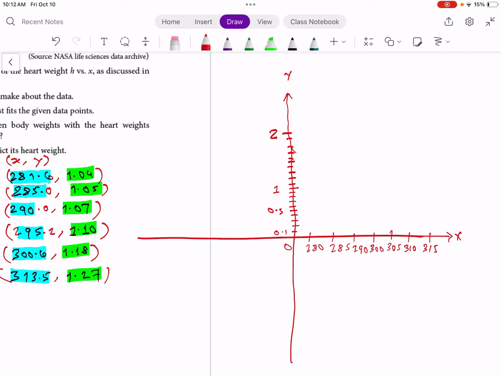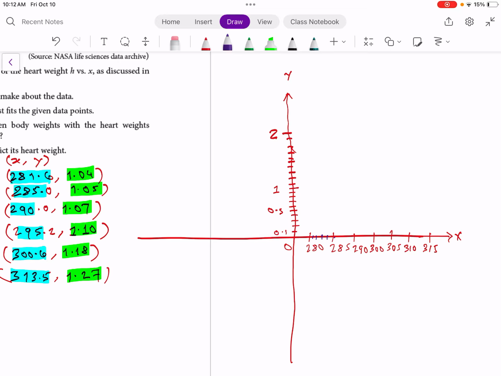Okay, now let's plot these points. So we have 281.6, 1.04. Let's find 281.6 on the x-axis first. So this is 280 and this is 285, right? So we have 1, 2, 3, 4, 5. Okay, so 281.6. It's very close to 282, right?